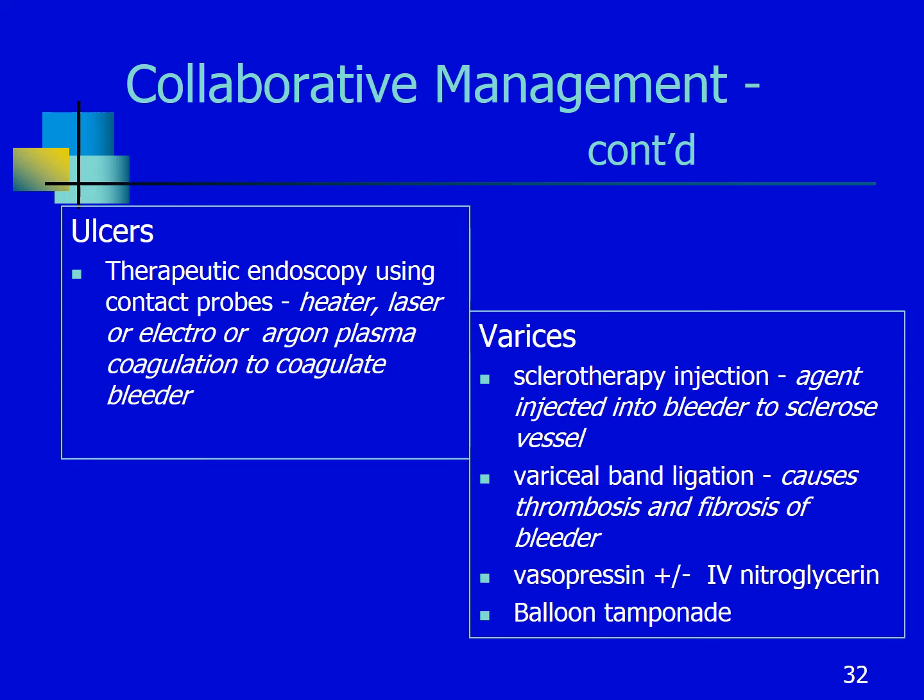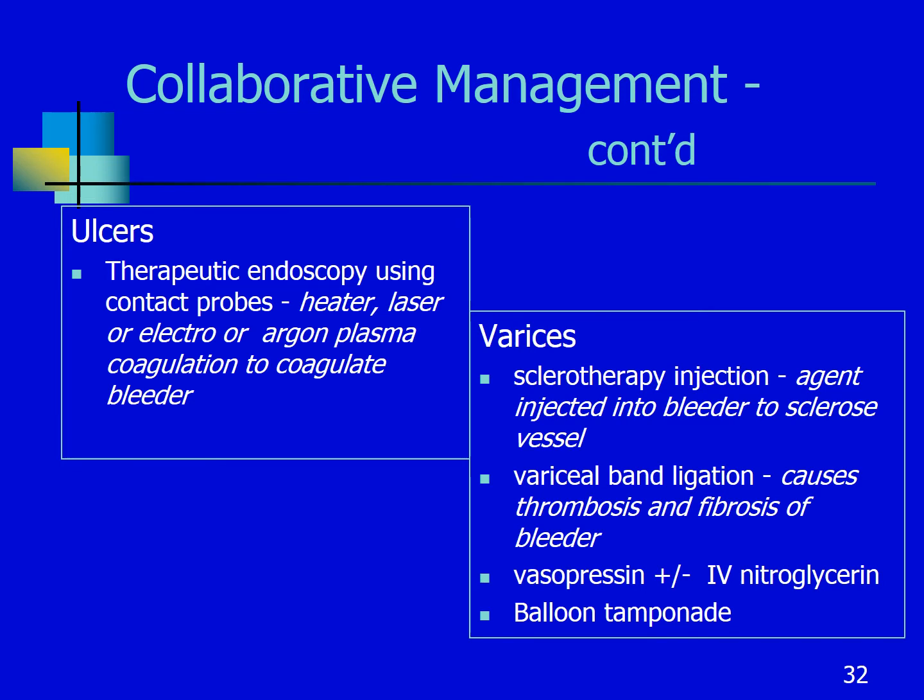All right, so for ulcers, your collaborative management, we do like endoscopy, right? Because we want to go in and look and see what's going on, because we may want to stop the bleed, depending on what's happening. For varices, we know that the vessels are bleeding, so we can put agents on them to try to stop the vessel from bleeding.